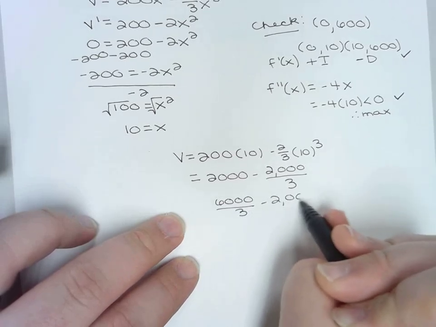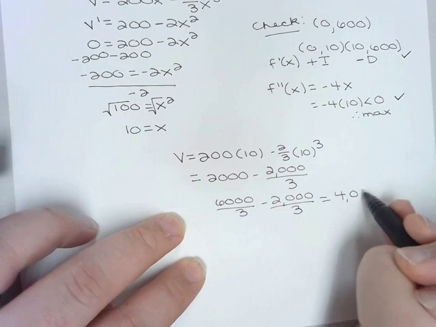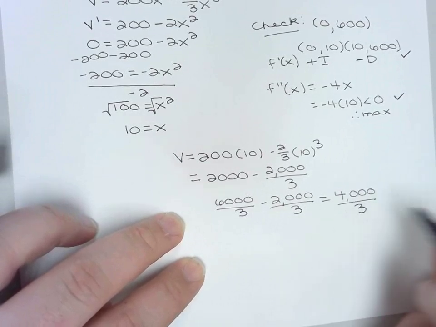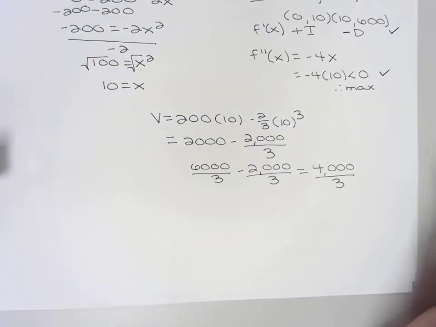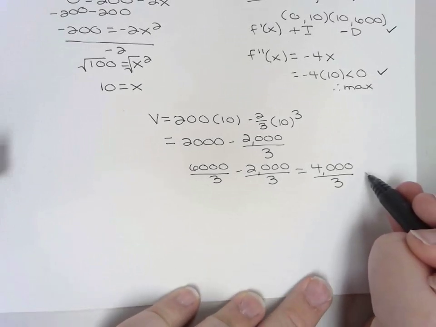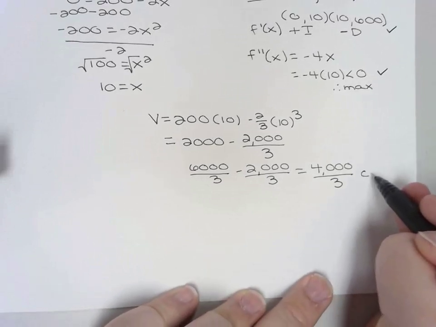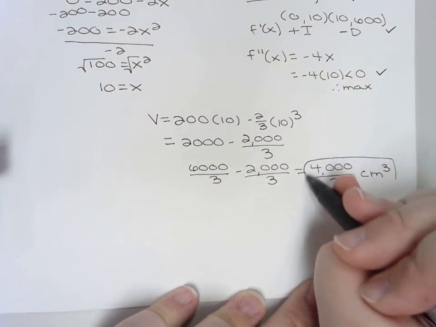And I get common denominators. So 4,000 over 3. They would not want you to leave it like that. Oh, actually, that's how they have their answer. So, I mean, you would get a decimal, but whatever. And label it cubed.